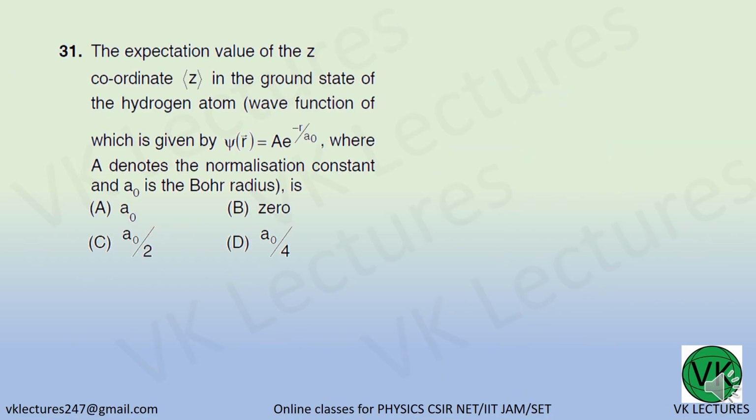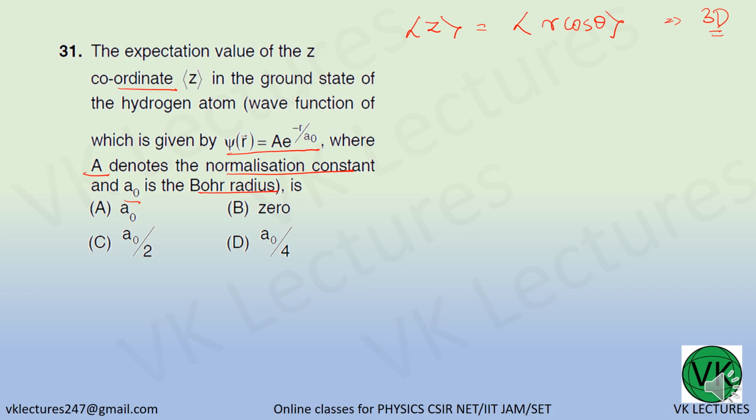Expectation value of z coordinate in the ground state of hydrogen atom. The wave function of the hydrogen atom in ground state is given as A e power minus r divided by a naught. A is the normalization constant and a naught is the Bohr radius. Now expectation z is nothing but expectation r cos theta, because z is nothing but r cos theta in spherical polar coordinates.